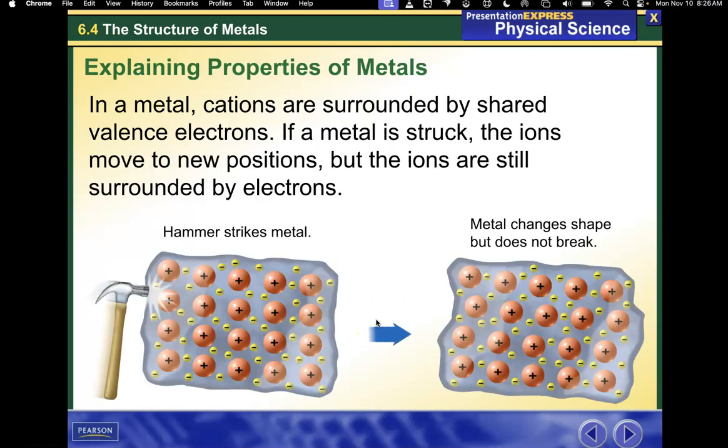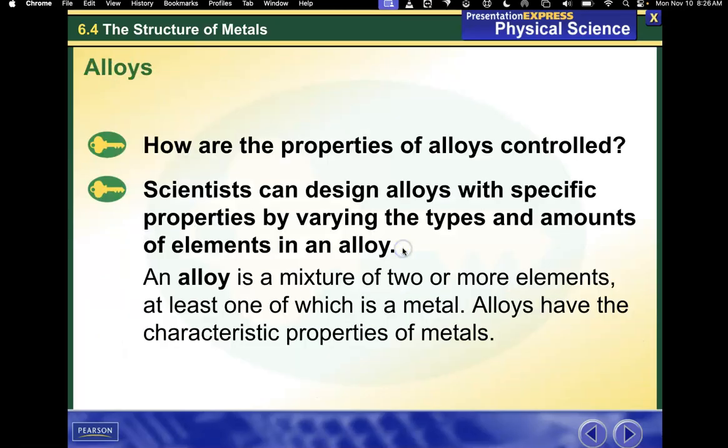In a metal, cations are surrounded by shared valence electrons. If a metal is struck, the ions move to new positions, but the ions are still surrounded by electrons. So when you have a piece of metal and you hit it with a hammer, the electrons can get themselves back into place. The metal changes shape, but does not break, again because of the mobility of the electrons.